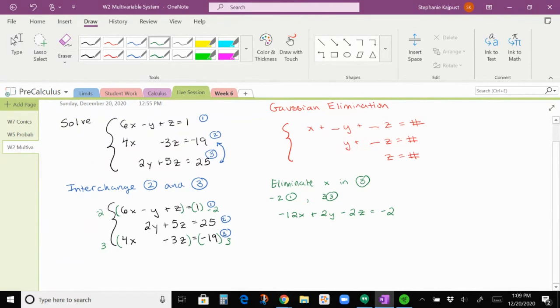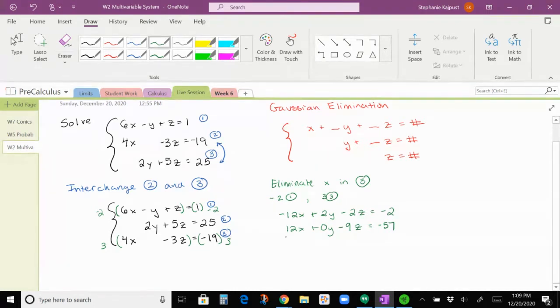And then equation 3, when I multiply it, I get 12x. And you can put in a +0y if that's helpful to you. Minus 9z, and then find my calculator to do -19 times 3. And we get -57.